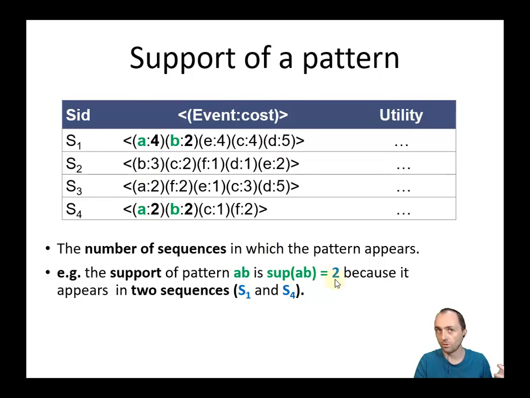So it appears in 2 sequences, so we say the support of AB is 2. Support is important because we want to find patterns that appear often enough and are not so rare. Maybe not so frequent, but maybe not so rare also.